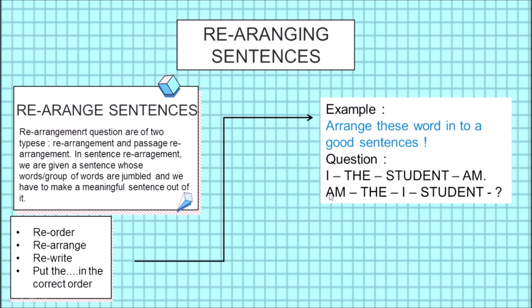But if the question is an interrogative sentence, you have to put to be in front of the sentence, then subject, also object, and don't forget to put the question mark at the end of the sentence.